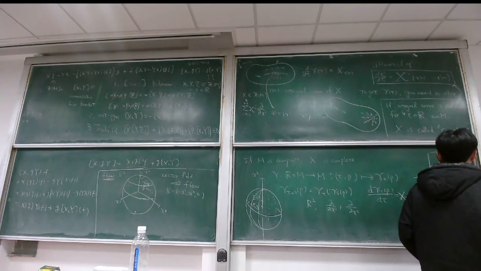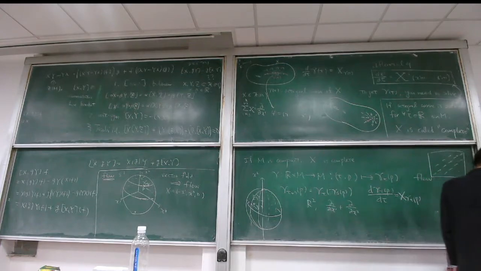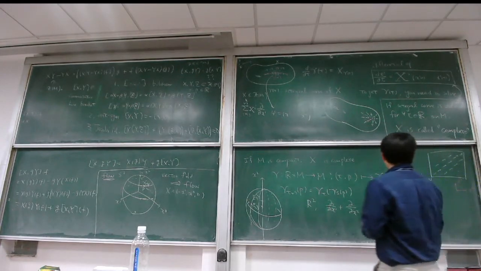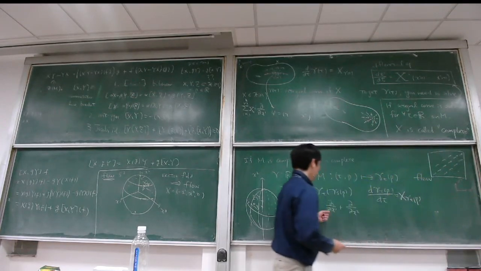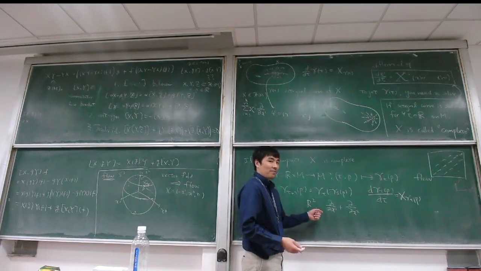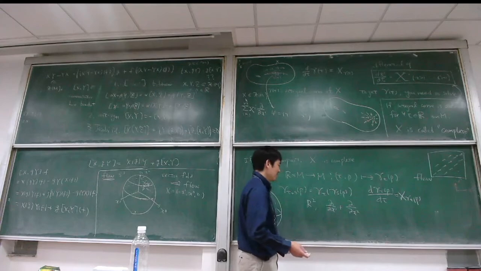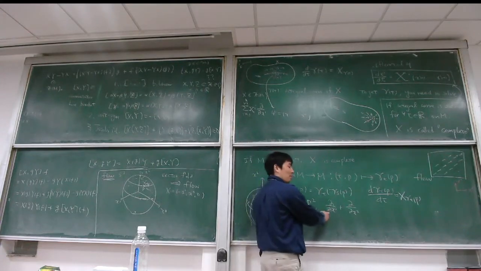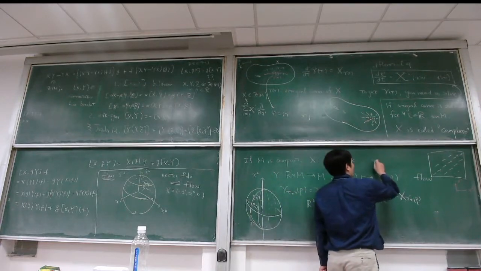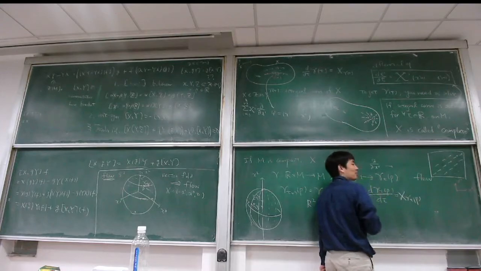Good. Good. Do you understand what it means? So as I mentioned, these are the bases of a vector field. Partial x1 is the direction of this vector.